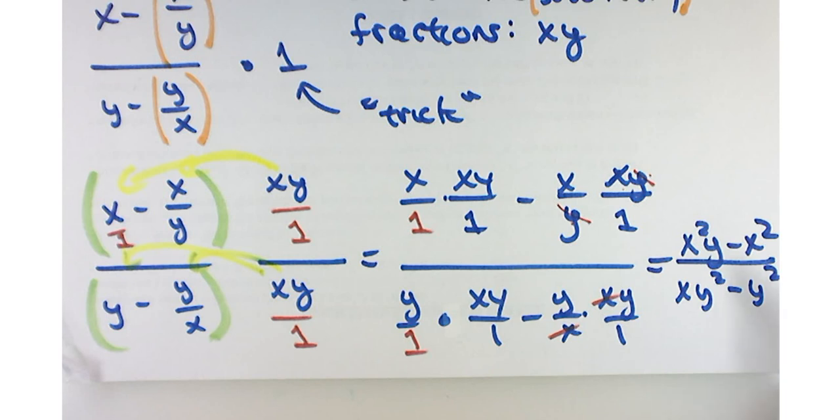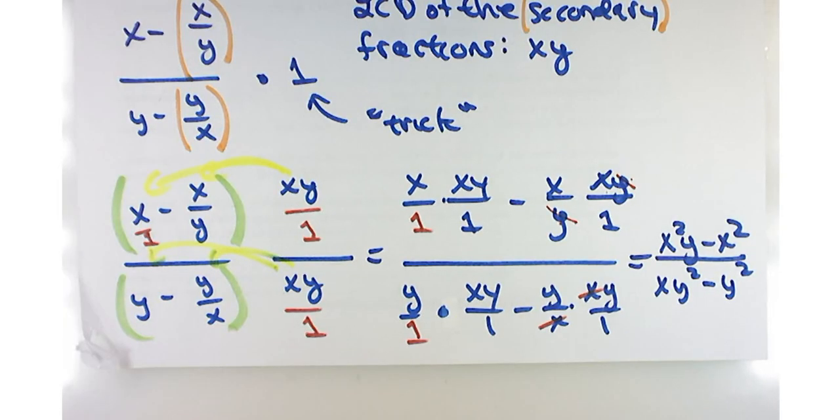Now, you should look for more cancellation and more simplification, but you're not going to really find anything. You can factor out an x squared from the numerator and a y squared from the denominator, but it's not going to simplify into anything better. So we can leave it like that, or you can factor it out. Either way works for me. If there is some extra cancellation, I do expect you to do that, but if there's not, we're okay.